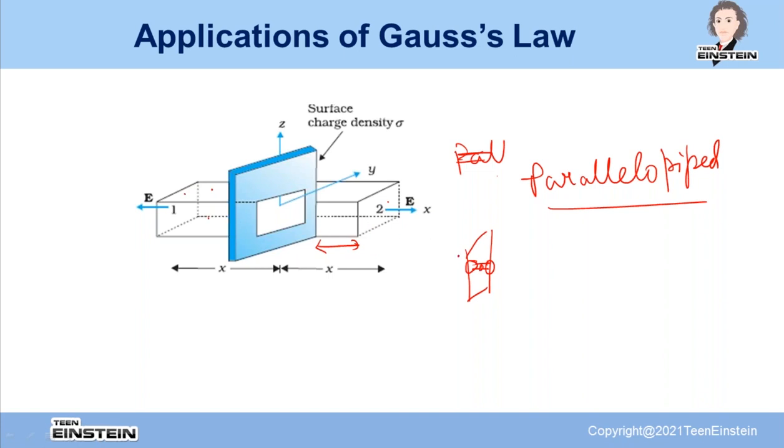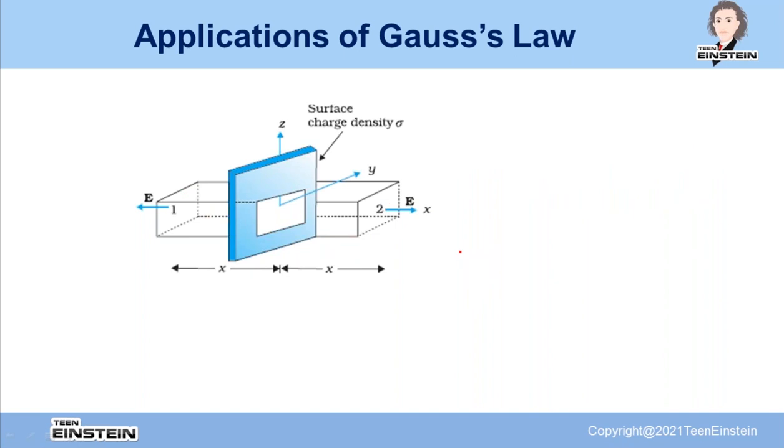Through the plane sheet we have drawn a parallelepiped, and along the x direction it has 2 faces, 1 and 2. Along the y direction there will be 2 opposite faces. Along the z direction there will be 2 opposite faces. If I draw like this, you can see. Okay, just a minute.